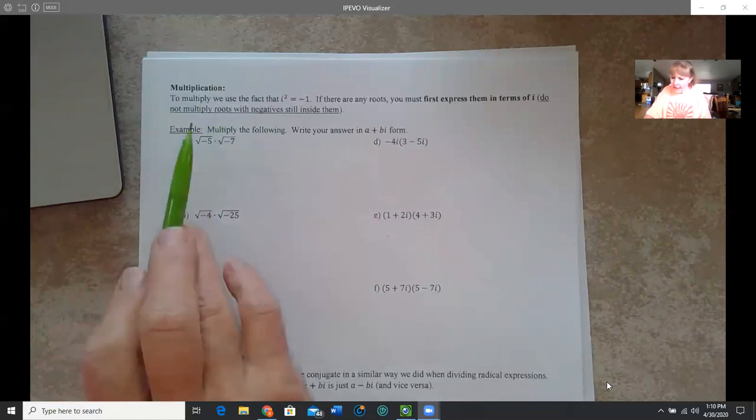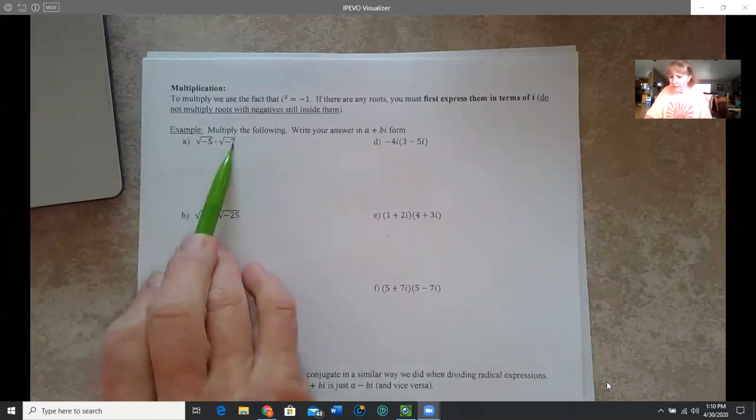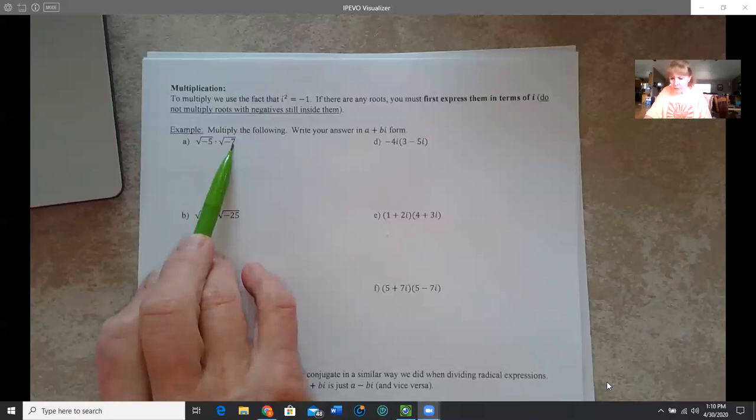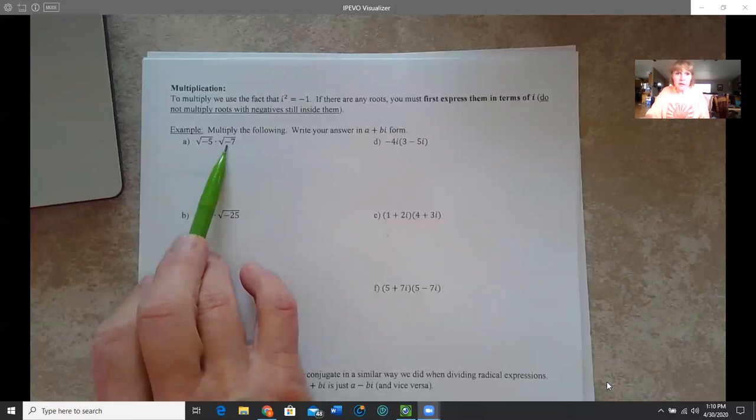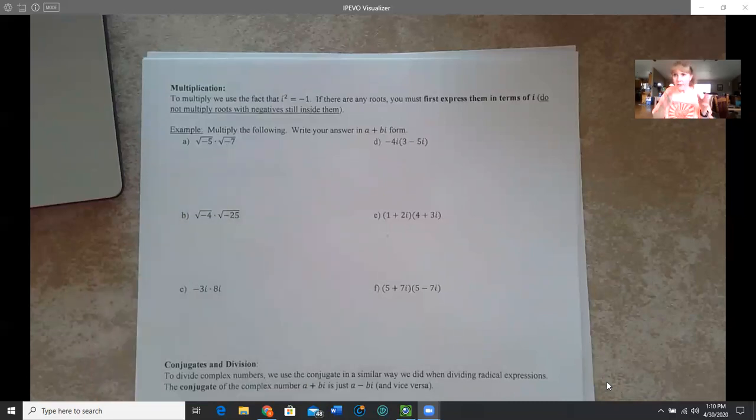Now, if I have these right here, you might be tempted to say, wow, in the last chapter, we just multiplied them together. A -5 times a -7 is a positive 35. The negatives disappear. But you cannot do that.